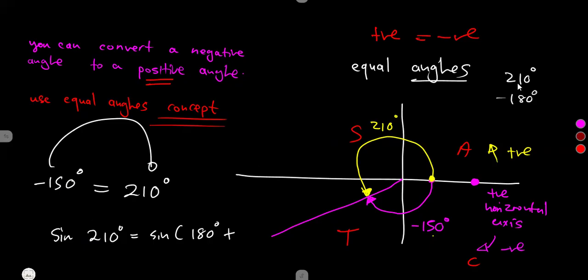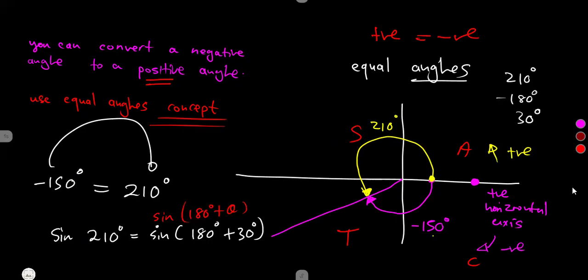That was going to give us the same 30 degrees. So we are supposed to add 30 degrees here to get this 210. It's sine of 180 plus theta, a positive angle.